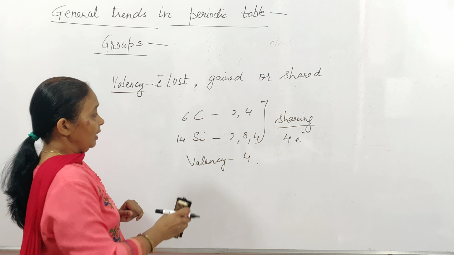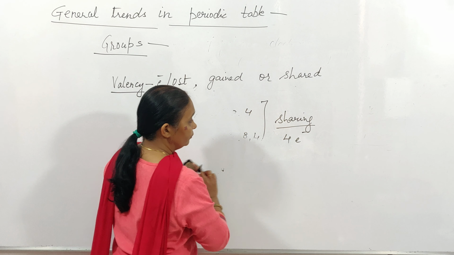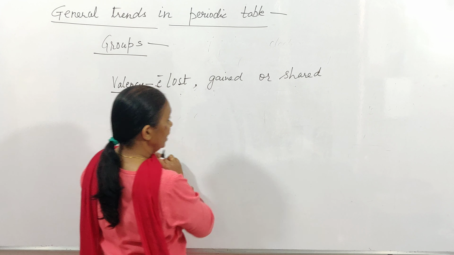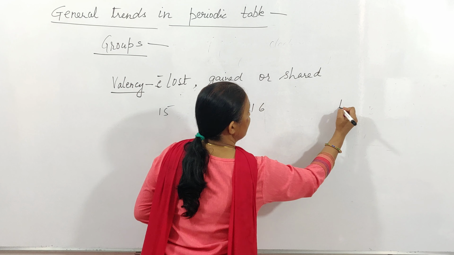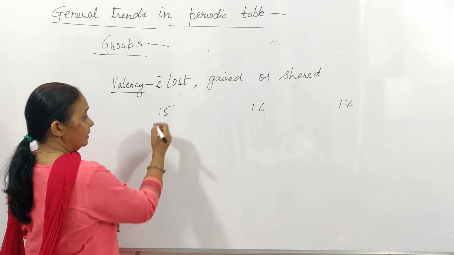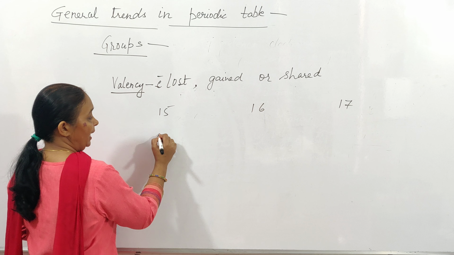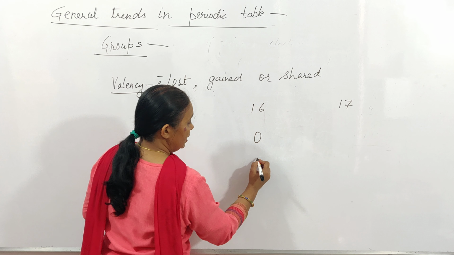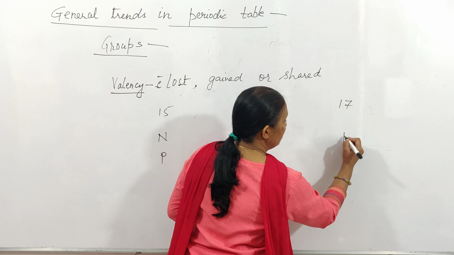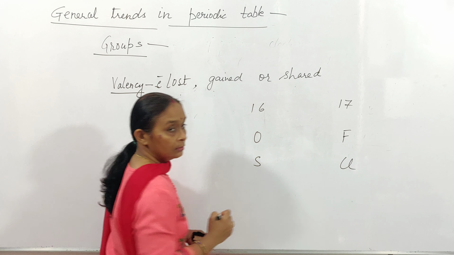After this, if we see the elements of 15 group, 16 group and 17 group. Let us take in 15 group nitrogen and phosphorus, 16th group oxygen and sulfur, 17th group fluorine and chlorine.